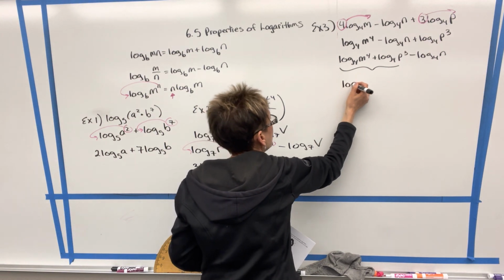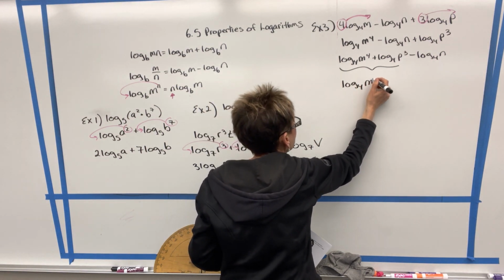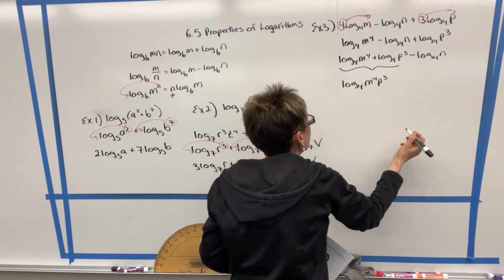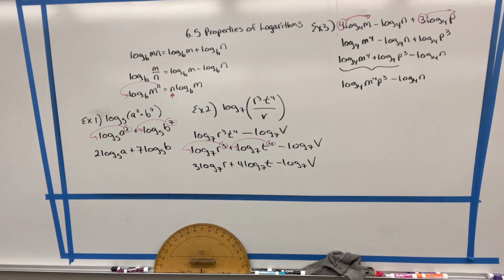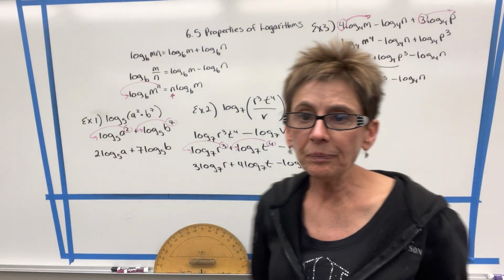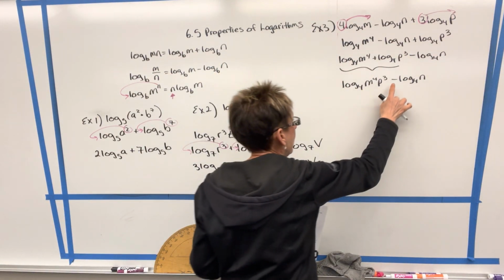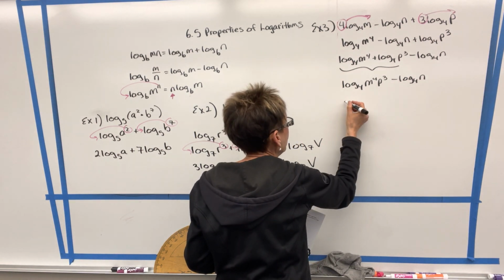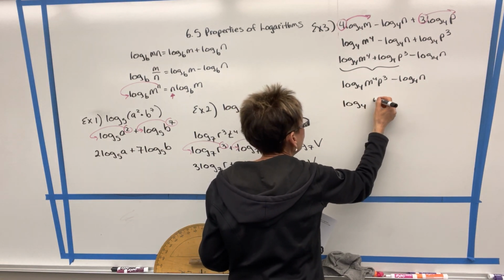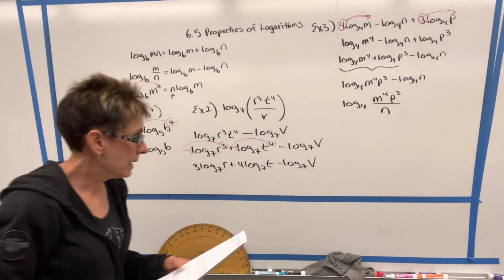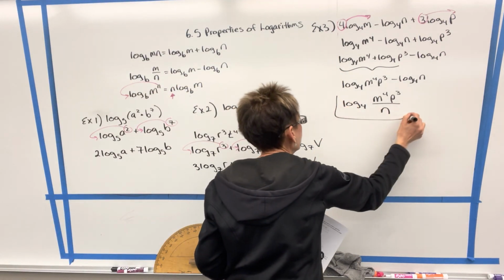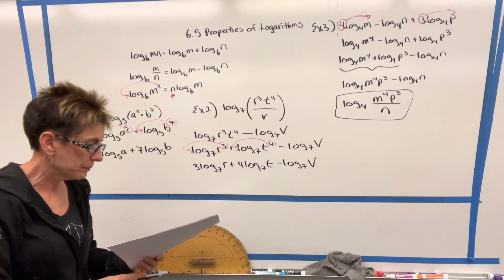So this would come from log base 4 of m to the 4 times p cubed minus log base 4 of n. Then what I want to do is take into account this minus sign here. So I'm going to write log base 4 of m to the 4 p cubed over n. And that would be my final answer for example 3.